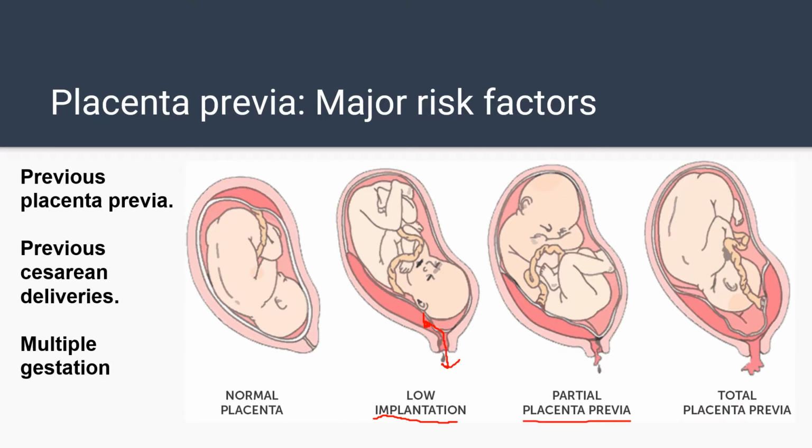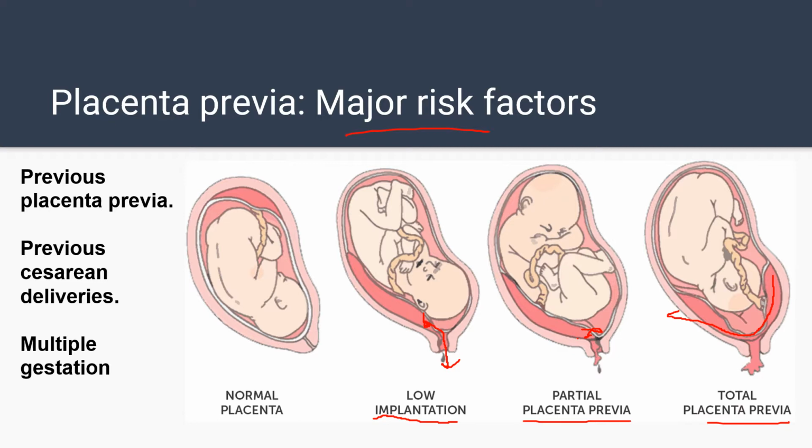A partial placenta previa is when the placenta covers the os, but not in the middle of the placenta, only at the edge. And the total placenta previa is when it is completely covering the os. And here we have a normal placenta, when the placenta is in the fundus or the anterior or posterior wall, but not low lying.